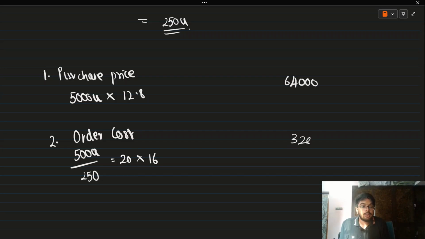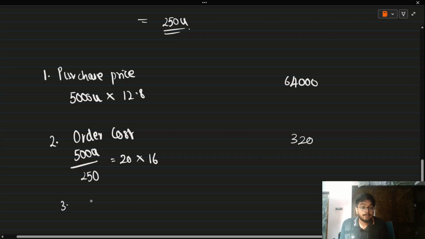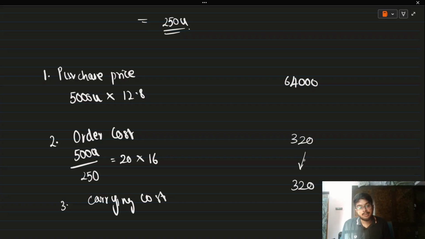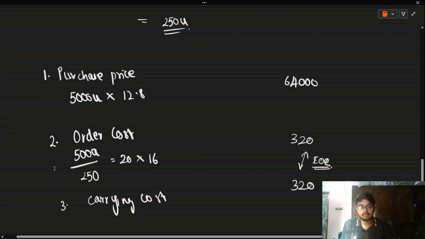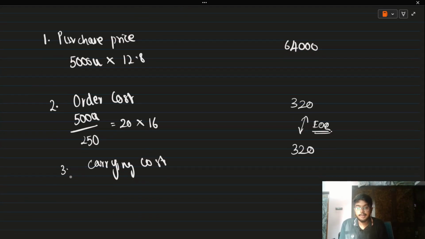What will be the carrying cost? Anybody can say? Without calculating? 320, because these both are equal at EOQ. Let's recheck it. What is the carrying cost? Average inventory into carrying cost per unit per annum.